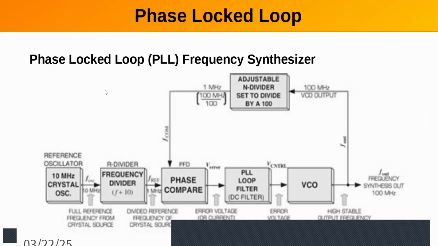Okay, the phase lock loop. I think I was getting ahead of myself before talking about the two dividers. So you have a reference oscillator and you run it into a frequency divider that you can change the amount of division, and feed that into the phase comparator along with the output of the VCO, which can be divided into the phase comparator.